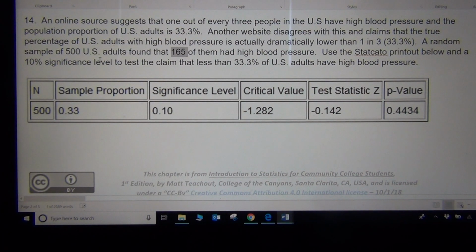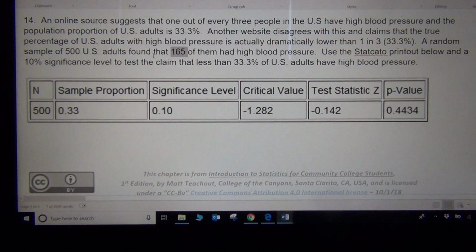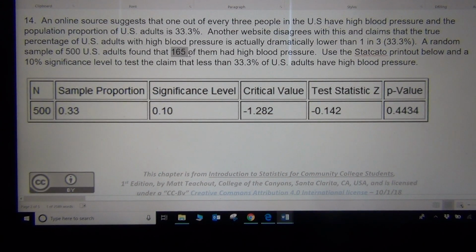The chances of us getting family members in these 500 is very, very slim. So we're probably okay with independence. Usually a small random sample out of a very big population passes the independence assumption.